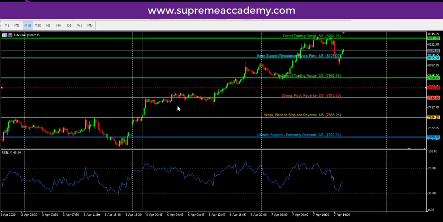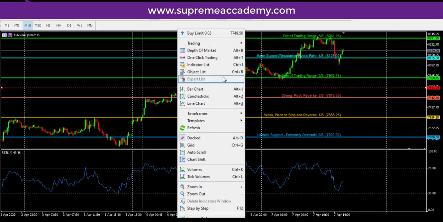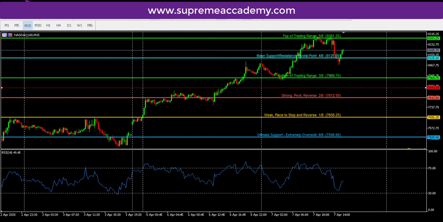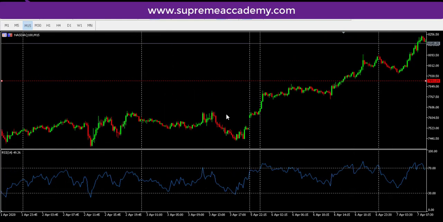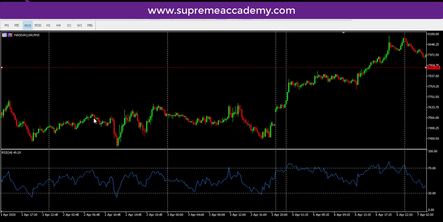If, for instance, I remove this indicator, and you look at this chart right here, you can see clearly that this chart is on a range mode.